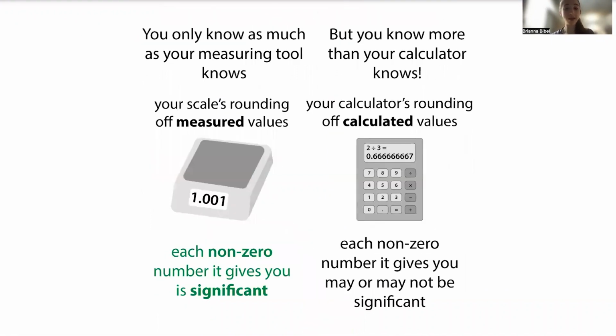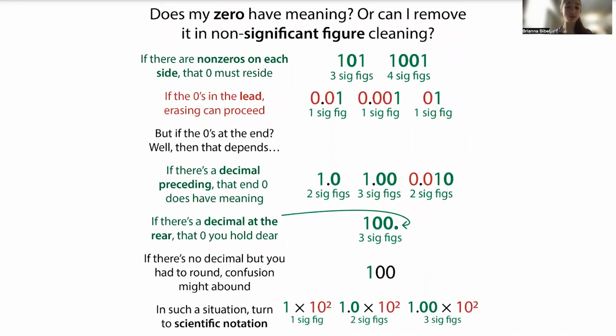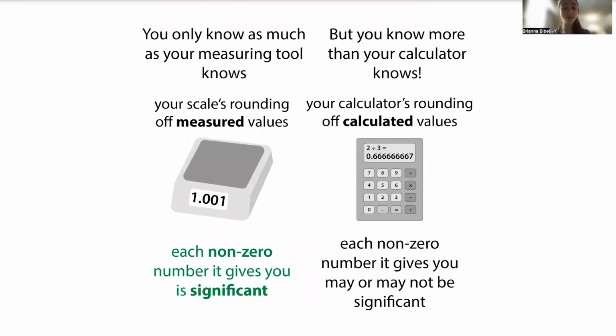Whereas in the case of a calculated value, the number of sig figs you get is dictated by your input, which is, say, a measured value. So it's really important to know how to determine and how to report the number of significant figures, both in those original measured values, and in the numbers that you calculate from them, which are limited by the significant figures of your measured values, as well as when you're reporting error.